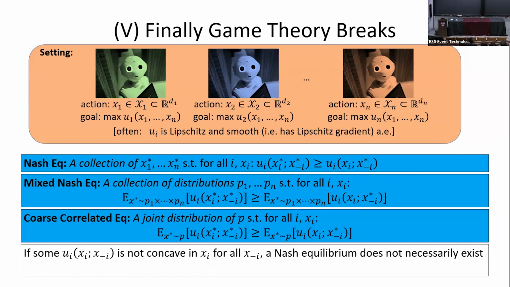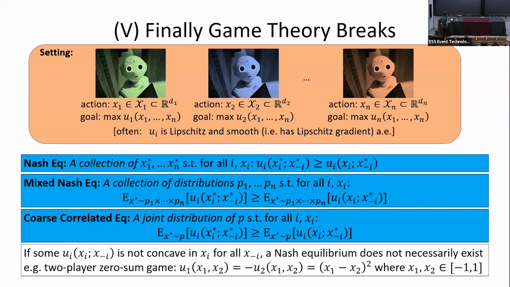But my point is that if you break the concavity assumption, Nash equilibria don't exist. Perhaps the most trivial example of that is this game here. This is a silly game. It's a two-player zero-sum game. Both agents choose a scalar. One guy is rewarded for distance squared. The other guy is penalized for distance squared. So this game, of course, has no Nash equilibrium of the first kind.